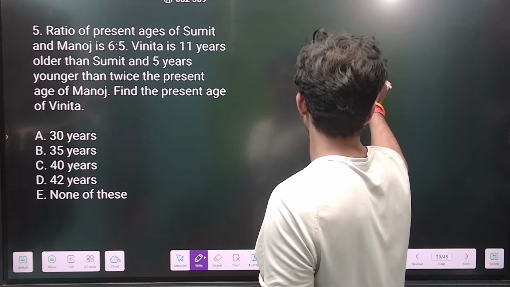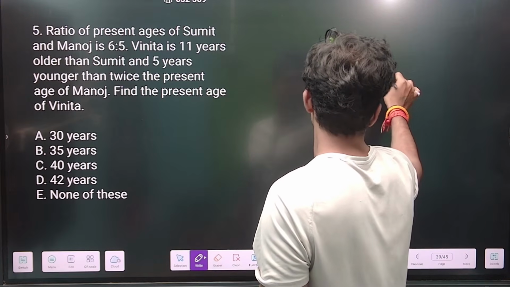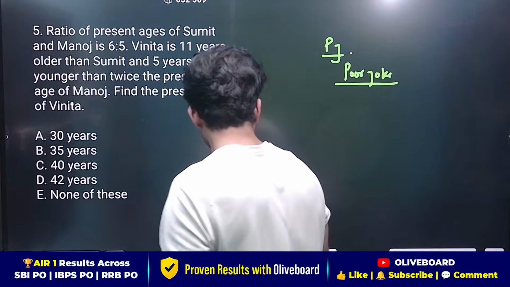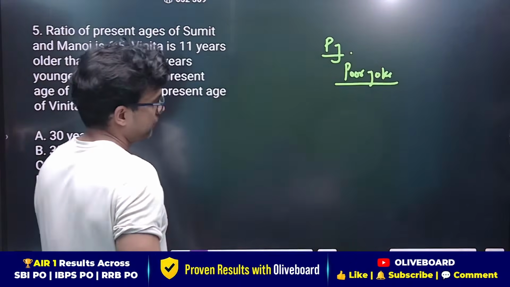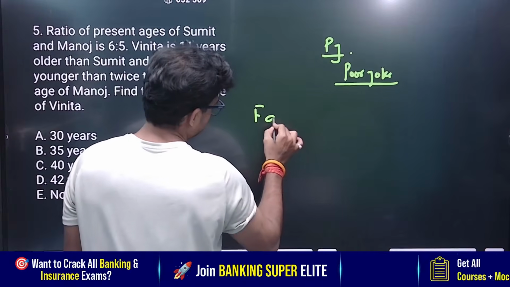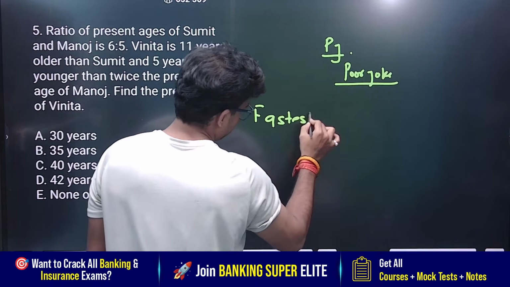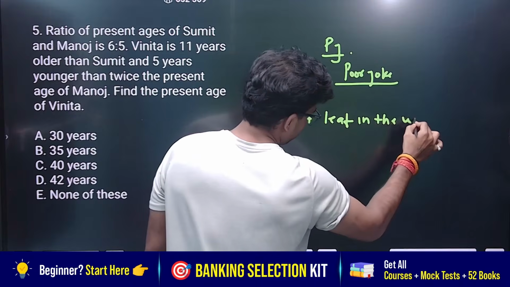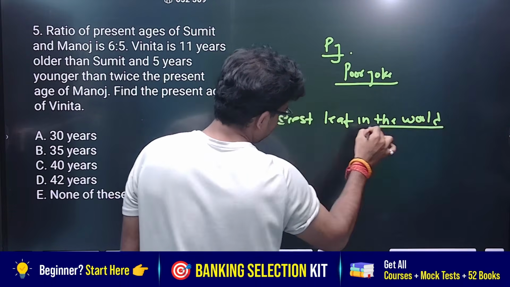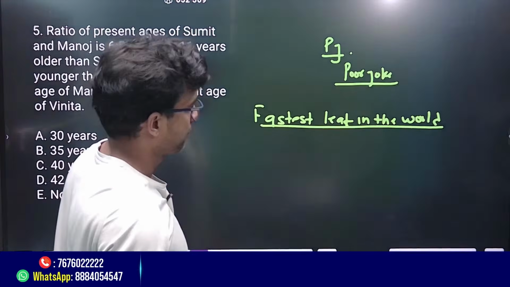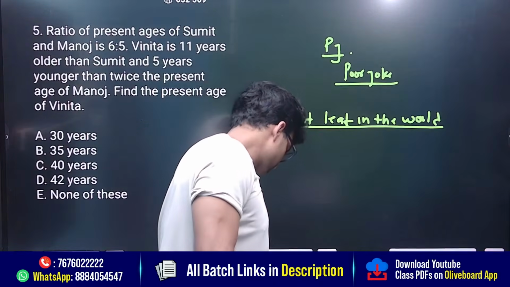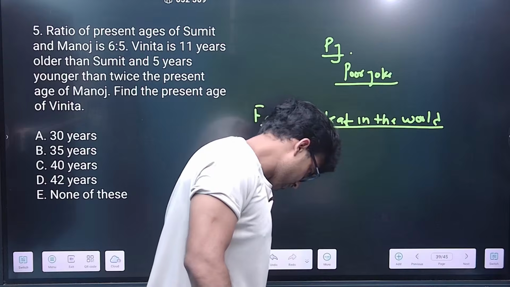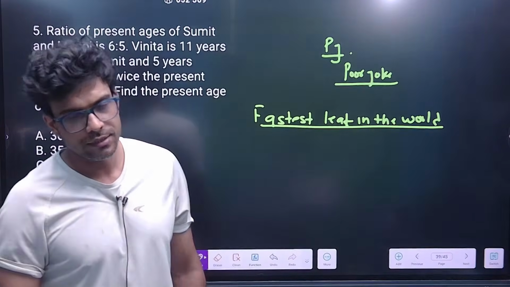PJ is basically poor joke. Yeah. Which is the fastest leaf in the world?